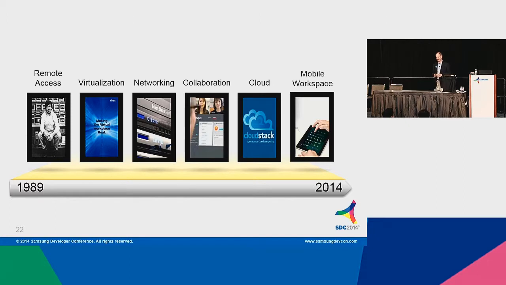In our 25-year history, we started in remote access and virtualized Windows, but we also have a huge networking business, to the tune of $700 million. We're in front of eBay and Amazon and Google and iTunes and a real top list of web properties. Certainly we're a leader in the collaboration space.